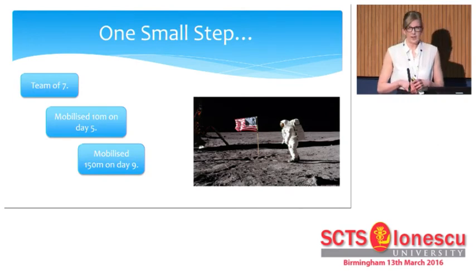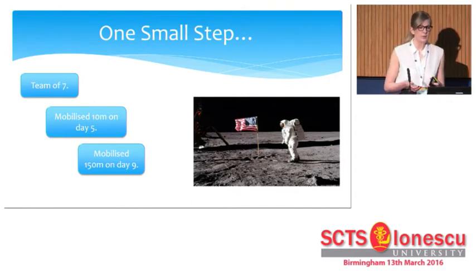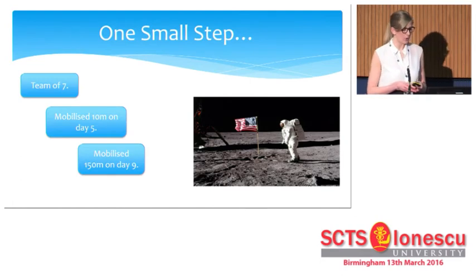And by day 9, we were able to mobilise 150 metres on our unit, so lots and lots of laps. I'm sure you'll agree that's a huge achievement. On that day, the patient's family were there and able to watch, and that was a real boost for both the patient and his parents. In total, whilst on ECMO, he was able to mobilise 6 times, which was great. And he went on to undergo transplant on day 20.